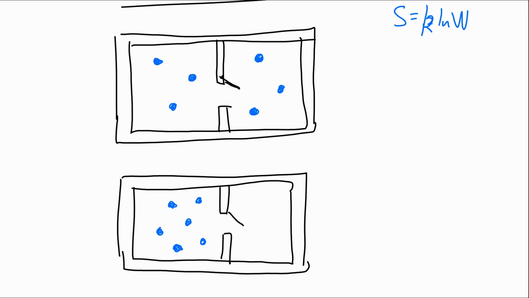It's slightly subtle. These are identical particles, let's say, but there's more ways to put it in the top one, right? So W is bigger here. I take the first one, I have more choices where I put it, and it's a combinatorial problem, okay? And there's only one way to do the lower one, all on one side.